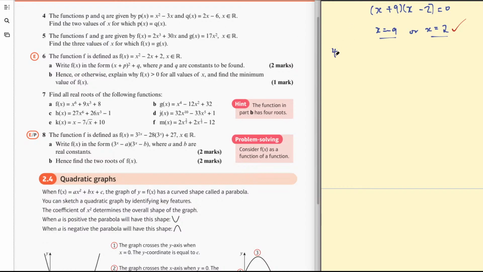But question 4 says the functions p and q are given by p of x equal to x squared take 3x and q of x equal to 2x take 6. Find the two values of x for which p of x equals q of x. For this, we can set those two expressions equal to each other.